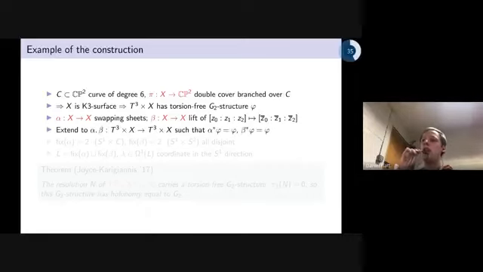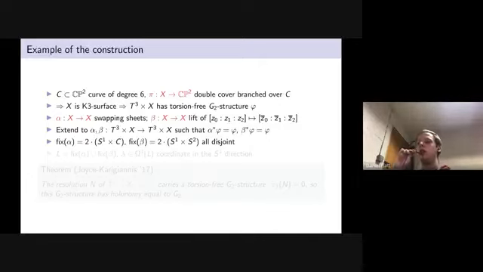Then you can extend alpha and beta to maps on T3 times X. There are many ways to extend them, but in particular, there is one way so that alpha and beta preserve phi, and the fixed point sets of alpha and beta are disjoint. In particular, you find that the fixed point set of alpha is two disjoint copies of S1 times C, and the fixed point set of beta is two disjoint copies of S1 times S2.